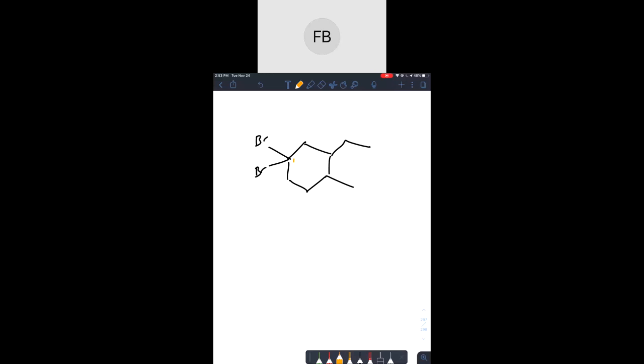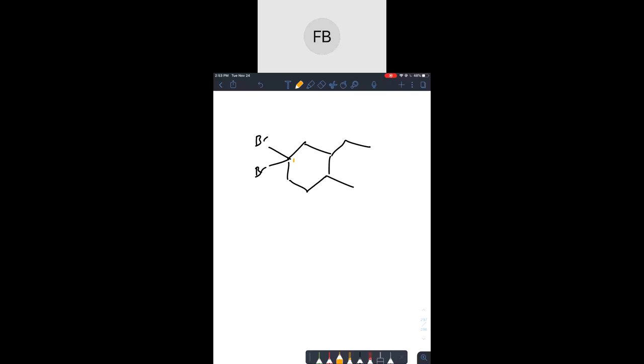Because you have to choose carbon number 1 to be the carbon that has the most things attached to it, right? Later on, double bonds and oxygens also play a role as well, but this is back from exam 1. We don't know about that stuff yet. But carbon number 1 has the most things attached to it.